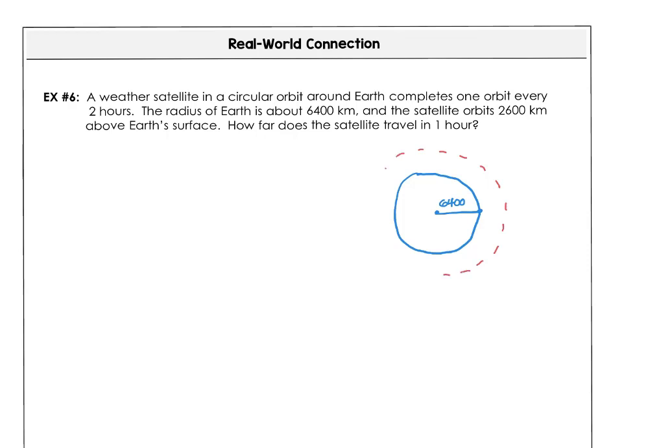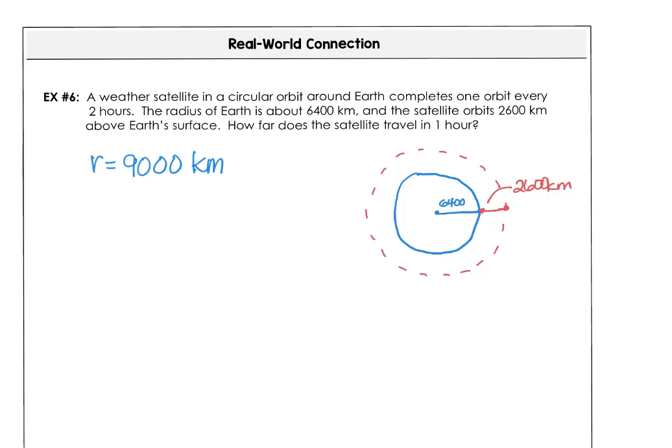I apologize for my circle drawing skills. So extra 2,600 from here above the Earth, 2,600. So putting those together, if we add them, the radius of the orbit is going to be 6,400 plus 2,600. That's 9,000 kilometers.